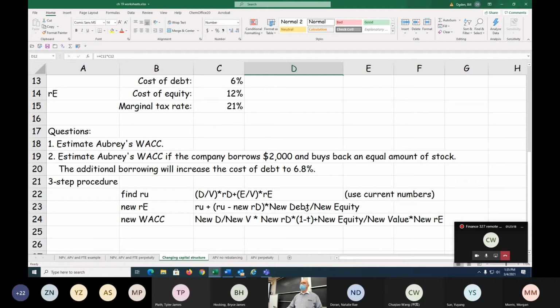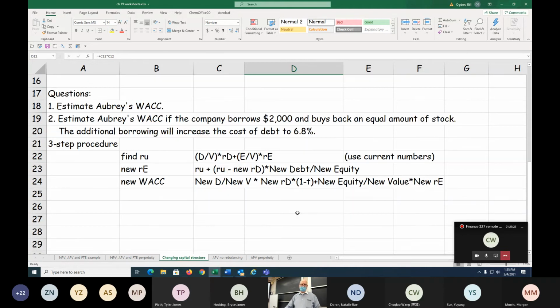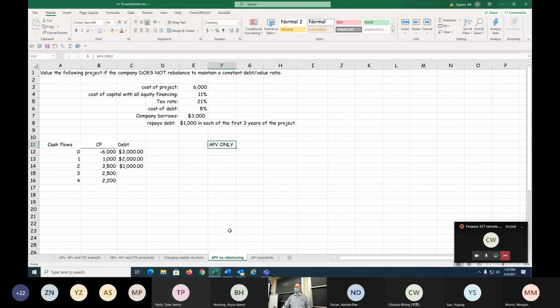Step 2. You might want to write those down unless you're real clear on what you want to do, because that's not on the file that you download. Okay, let's go to the next one. Next one is APV with no rebalancing. Have we done that?